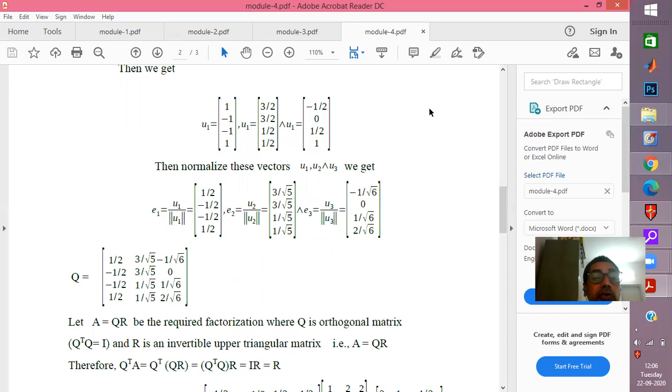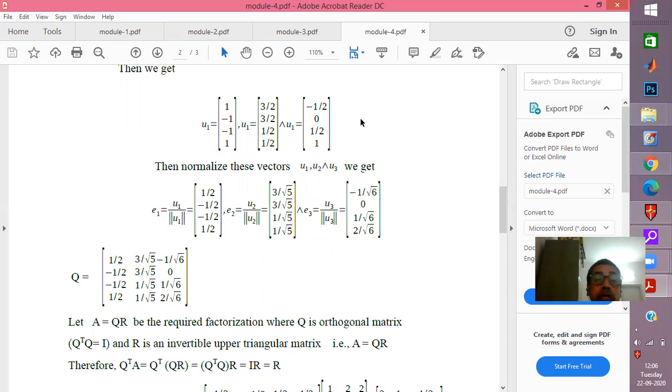If you take v1 as u1 and normalize it, we call it the vector e1. So e1 is equal to u1 divided by its norm. Of course, we have used the Euclidean norm here. Similarly, from u1 and u2, we can construct the vector v2 and then normalize it and call it e2.